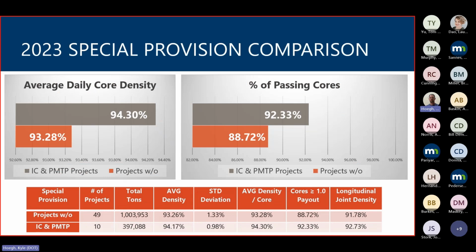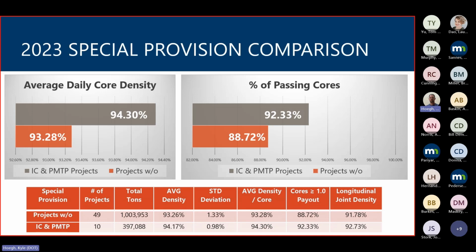So this slide is kind of my favorite slide. And this is thanks to Aaron's section. Kaylin in his section crunched through a lot of numbers on a lot of paving projects. If you look at the chart on the left, we looked at the 10 projects that we had the intelligent construction technologies on, and then we looked at 49 projects that didn't.